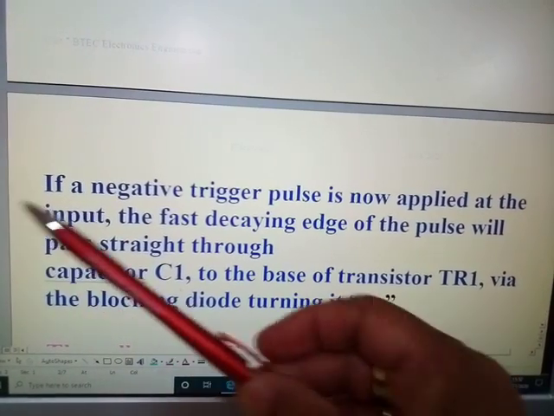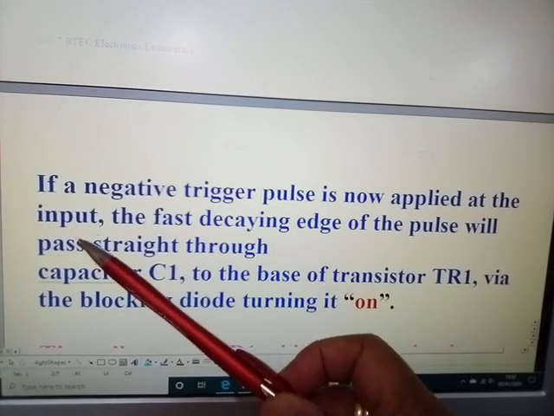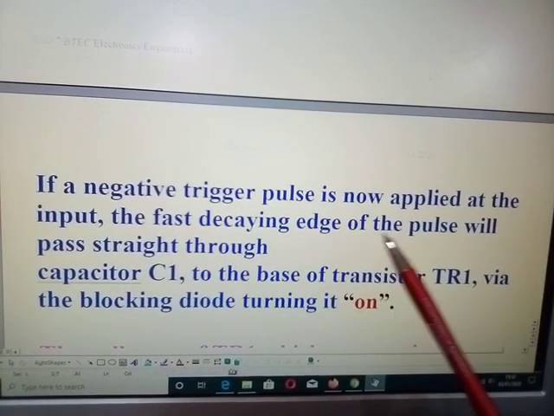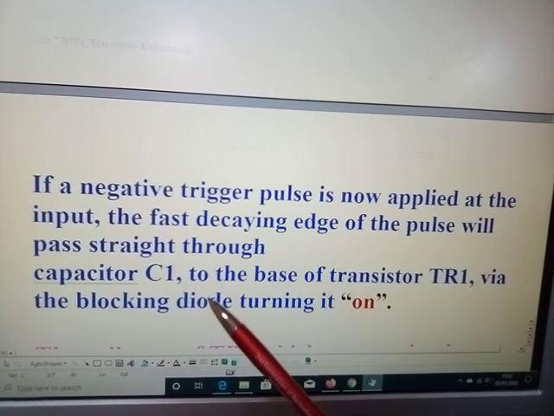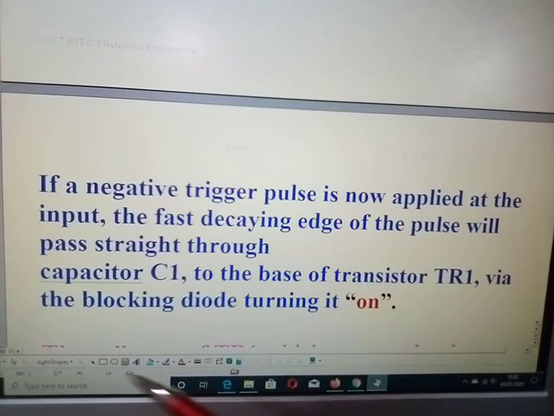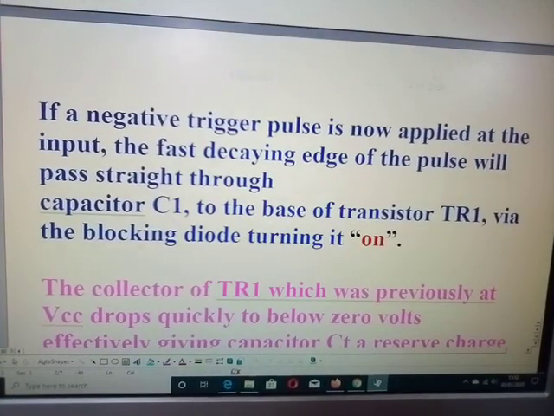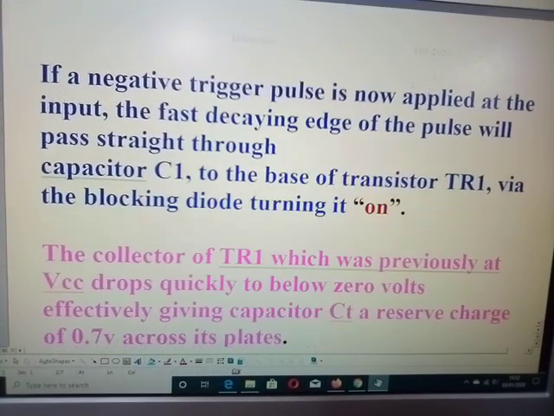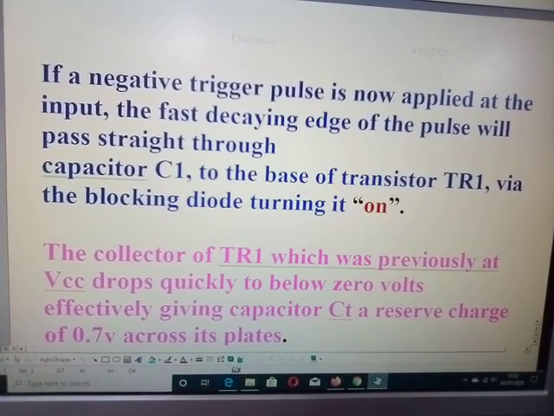Now, if a negative trigger pulse is now applied at the input, the fast decaying edge of the pulse will pass straight through capacitor C1 to the base of transistor TR1 via the blocking diode, turning it on. Now, it is important to remember that the triggering will only trigger on the falling edge.